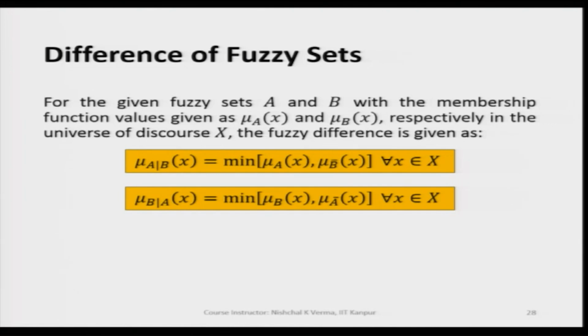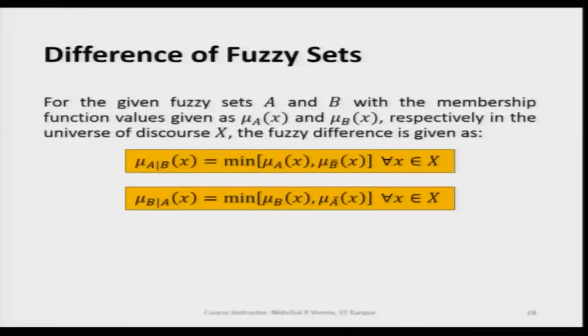Now, let us understand the difference of fuzzy sets on the same lines as we have already done the other set theoretic operations, where we have seen that the membership values play an important role in the set theoretic operations. So, here also when we are interested in the difference of fuzzy sets A and B, we first compute their respective membership values.